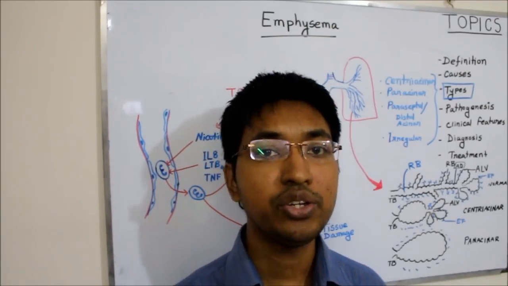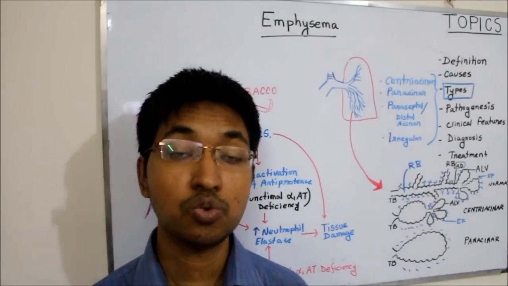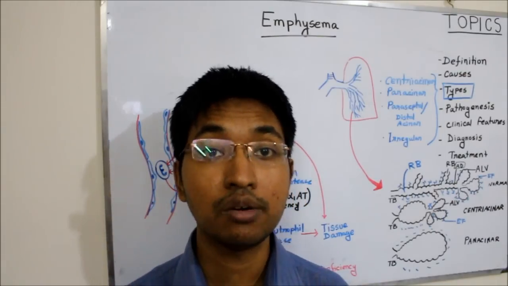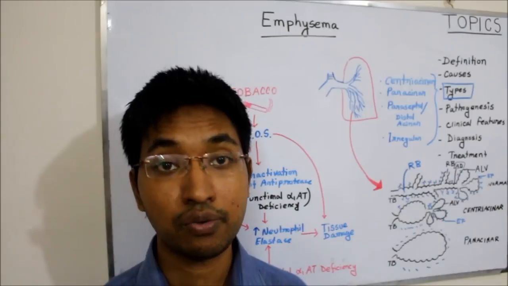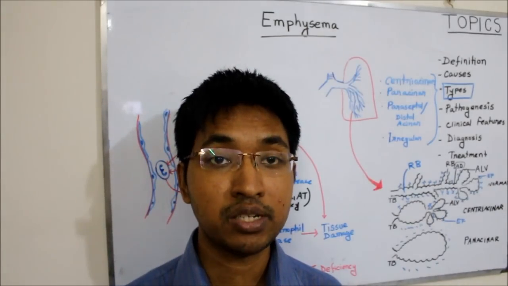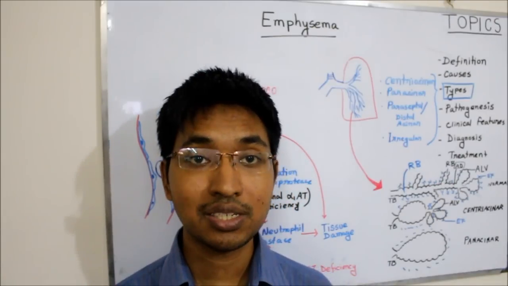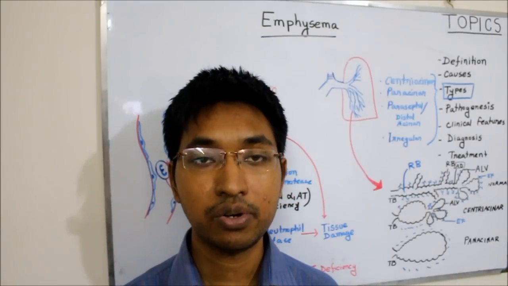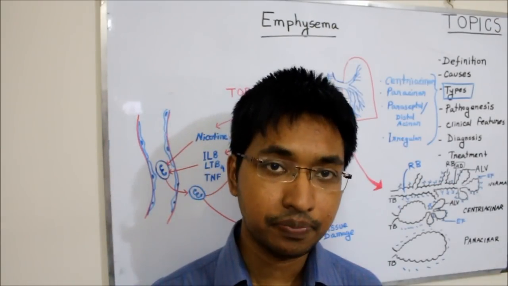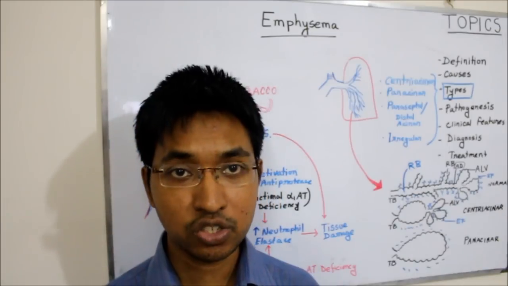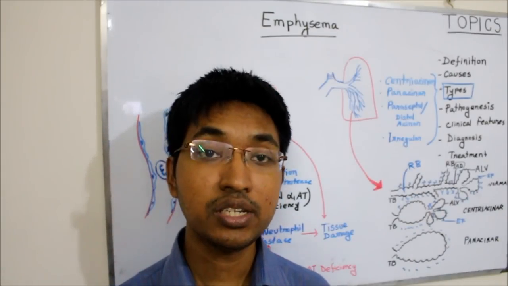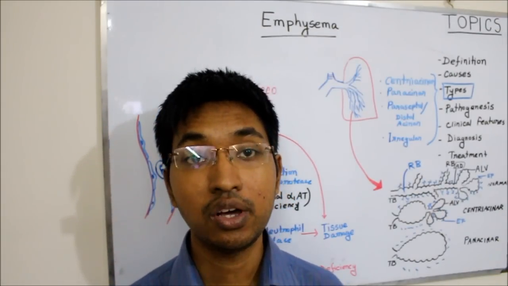In the chest radiograph, what will be our findings? We will have 4 important findings in the chest radiograph in an emphysematous patient. The first one is there will be hyperlucent lung field due to hyperinflation, and the second point in the chest x-ray is there will be increase in the anterior posterior diameter.